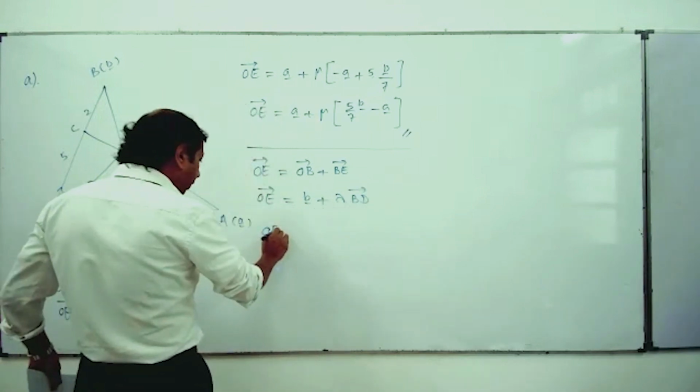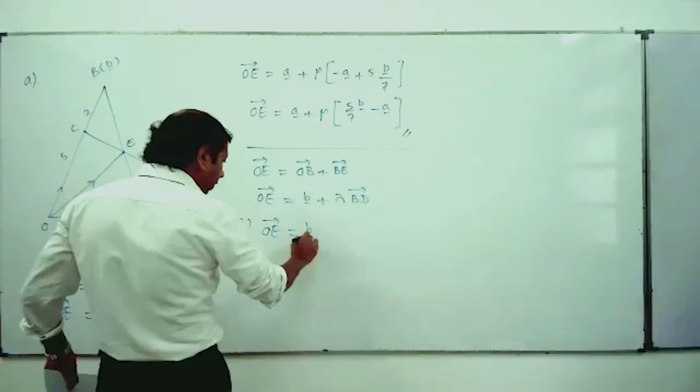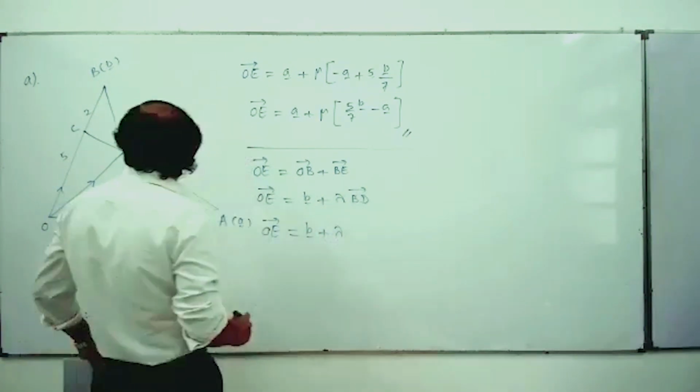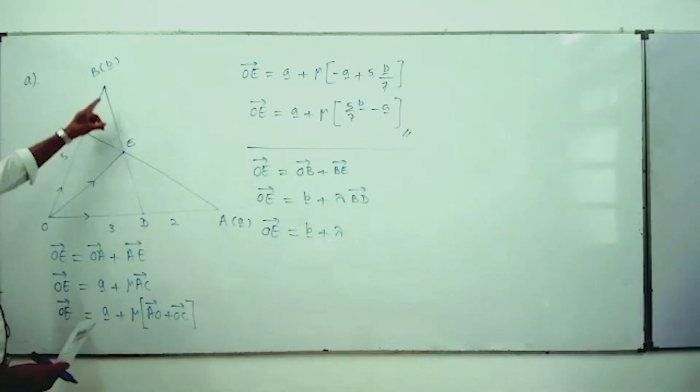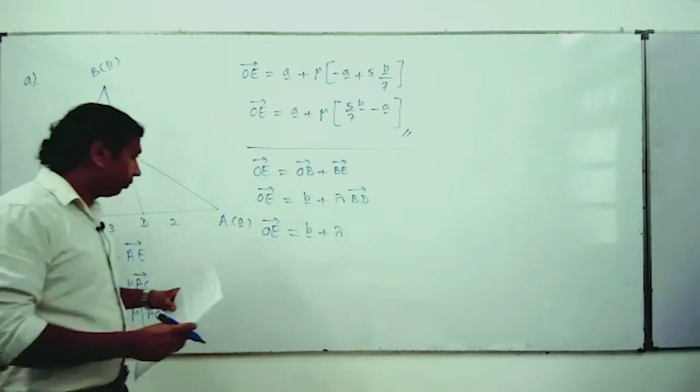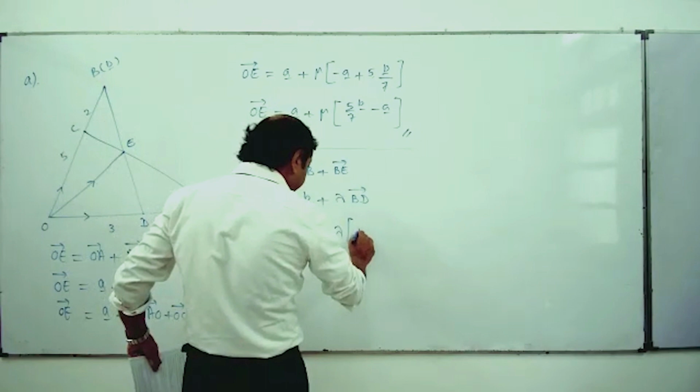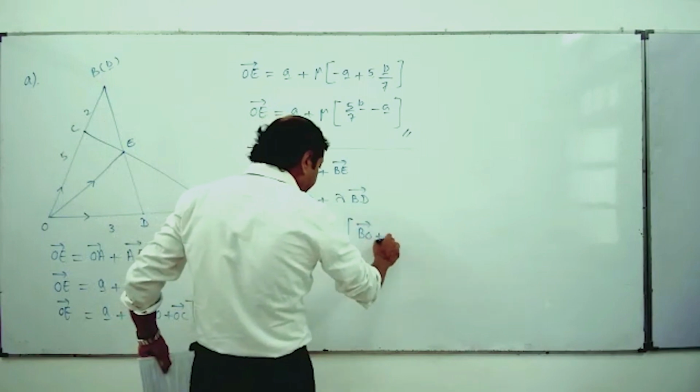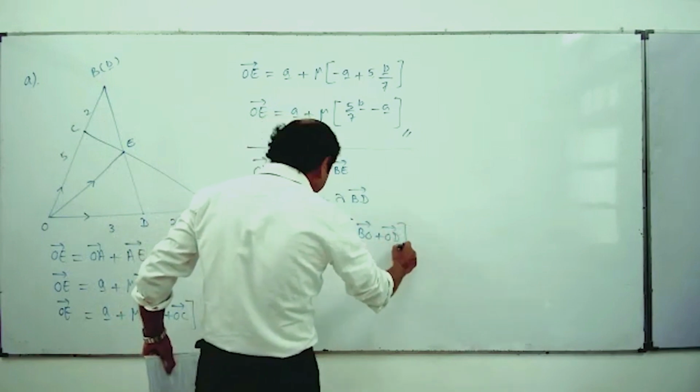Now OE vector is equal to simple B vector plus lambda times this BD vector, which you can write as BO plus OD. Right?